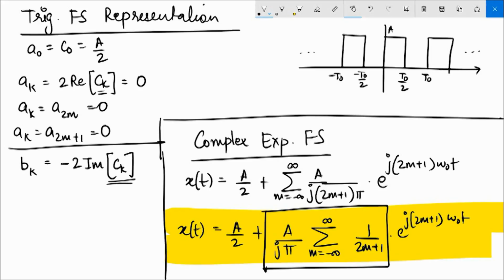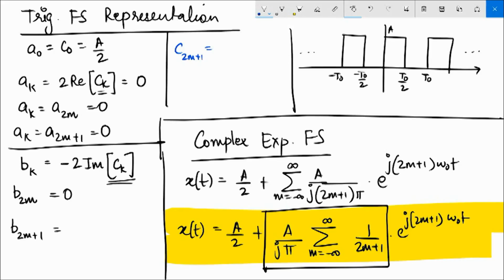Now ck for all the even case came out to be 0, right? So b of 2m, meaning all the bk's corresponding to even values of k, are also 0. How about odd values of k, meaning b of 2m plus 1? Let me just rewrite ck here to avoid any confusion. ck for all the odd values of k, of the form 2m plus 1, was found to be a upon j 2m plus 1 pi.